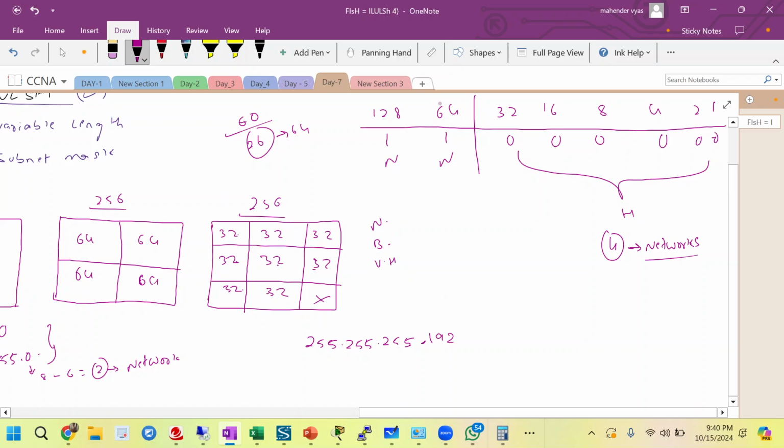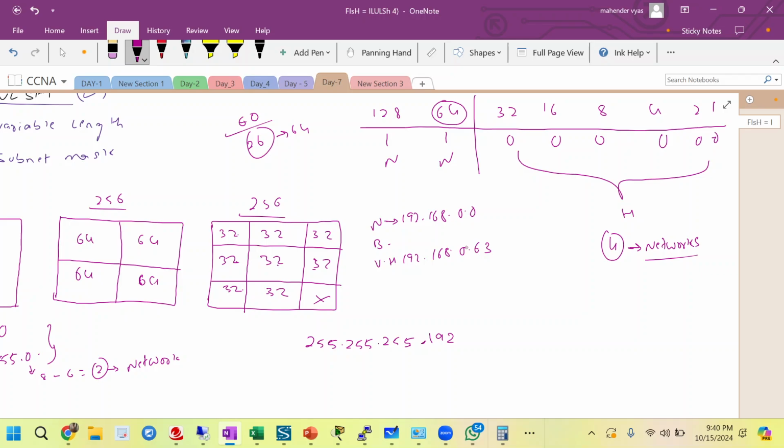Now the block size is 64, right? First, the first network address will always start with 192.168.0.0. To 0 you add 63, since 64 is your block size, right? 0 to 63 is 64 addresses. So 192.168.0.63 would be your broadcast address.